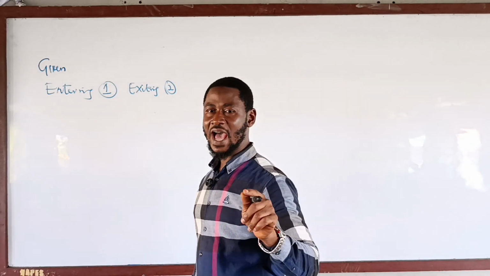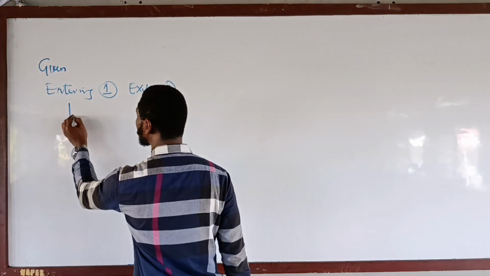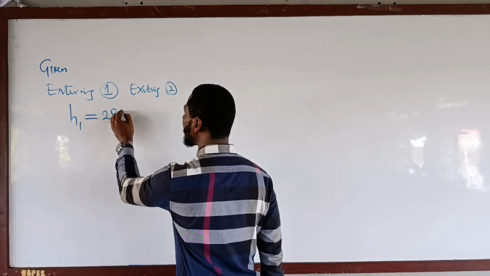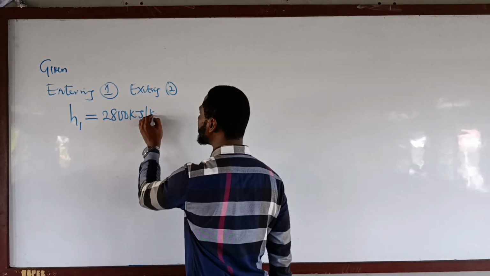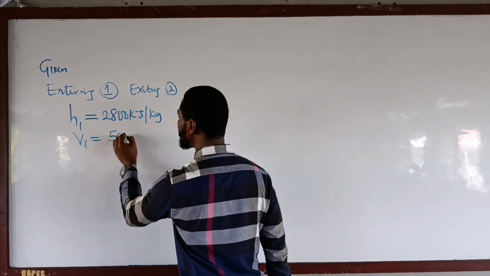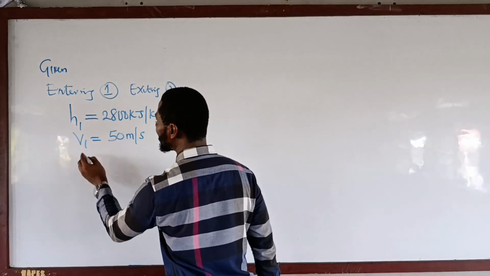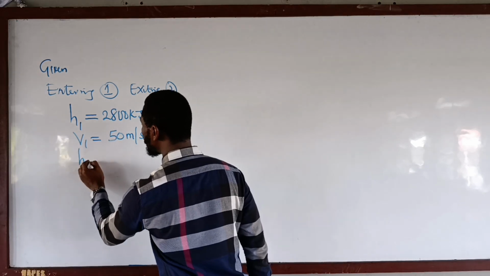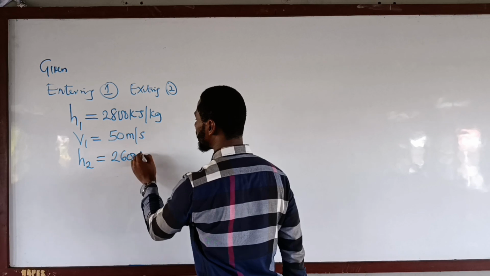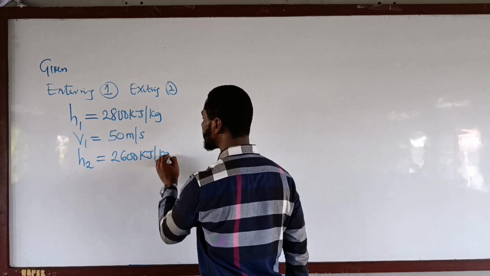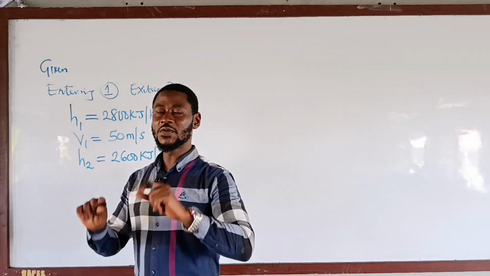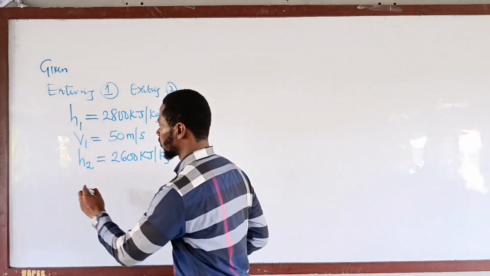So the enthalpy at entry is H1 equals 2,800 kilojoules per kilogram, and the speed is given as 50 meters per second. At the exit, H2 is given as 2,600 kilojoules per kilogram.